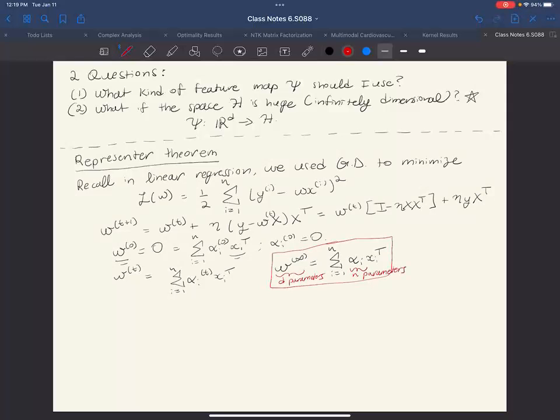And this is the magic of the representer theorem. Instead of solving linear regression in this space with d parameters, we transform it into a space where you only have n, where n is the number of training examples. So if H is a huge infinite dimensional space, it doesn't matter, because n, the number of examples we have, is always finite. Those are the parameters that we want to estimate.